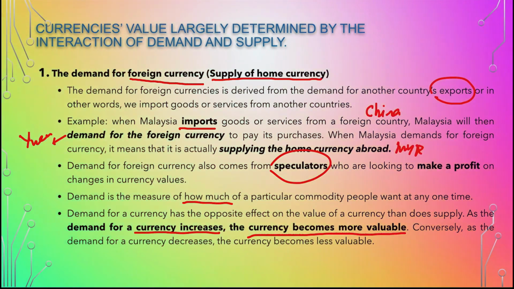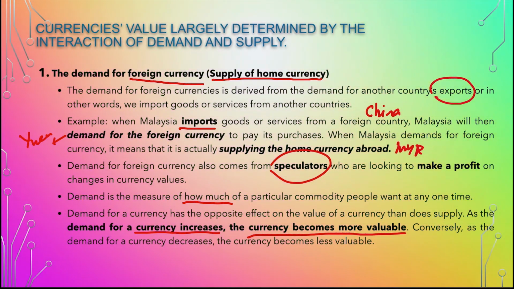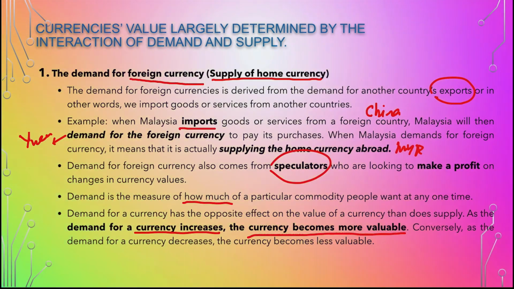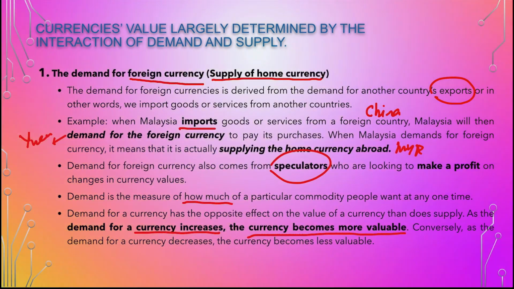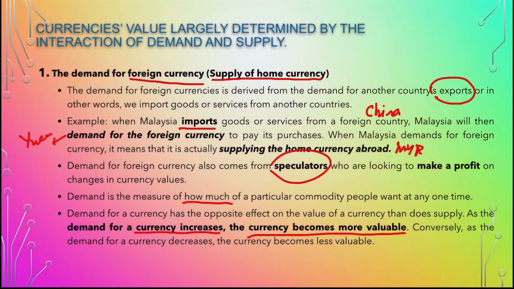Conversely, as the demand for a currency decreases, the currency becomes weak or less valuable. Alright, I hope you guys understand the demand for foreign currency, or in other words, the supply of home currency.